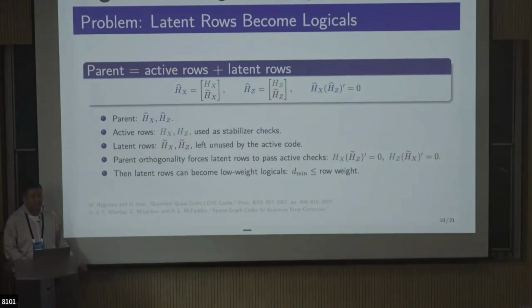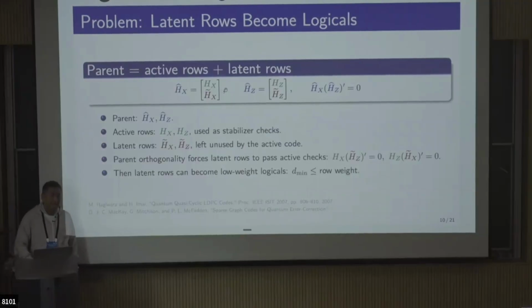For example, when HX and HZ have only one or two rows, it doesn't really make sense, right? You are assuming that this active part is small? The row size of the active part, when HX and HZ are so small, it's a very high rate code, right?